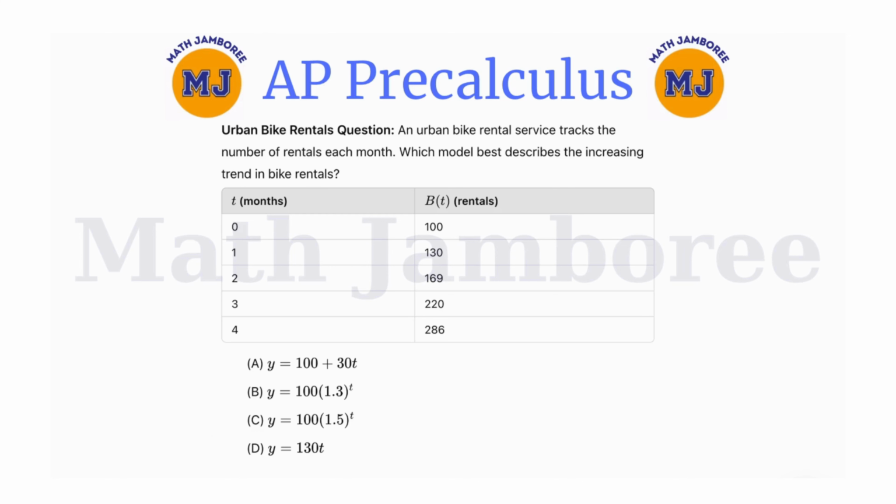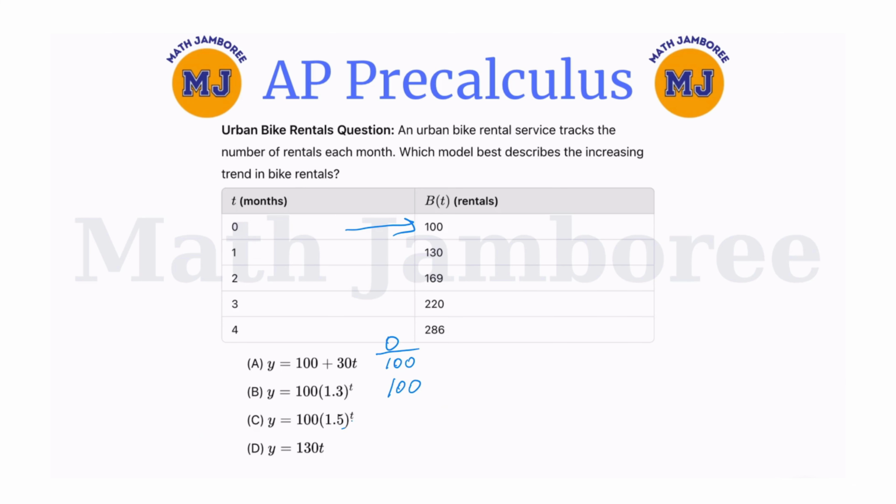The best strategy to solve this kind of question is to just substitute the given values. When you substitute 0 for t, we're supposed to get 100. If you apply this to these choices, when you substitute 0 you get 100 on choice A. 1.3 to the power of 0 is 1, so 1 times 100 is 100.